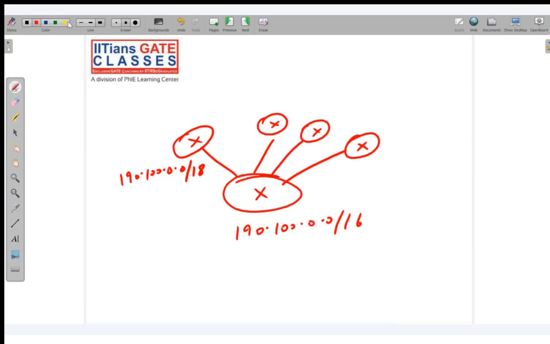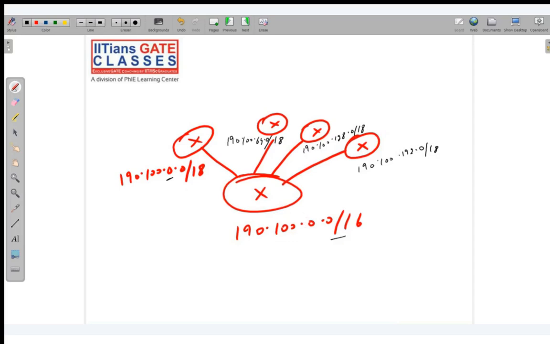So here this will be 190.100.64.0/18. Any doubt here? No. So here 00, 01, then 10. 10 means 128. So 190.100.128.0/18. And here 11. 11 means 190.100.192.0/18.